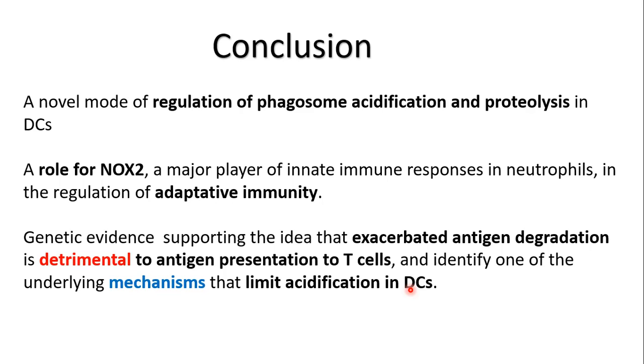So this fine balance between the more protons and the mediator that pumps them, this pump of protons, may make the difference in the presentation of antigens, because the DC, as a professional presenter cell, totally depends on this delicate balance of not degrading too much and not degrading too little to make the best presentation, the best adaptive immune response.